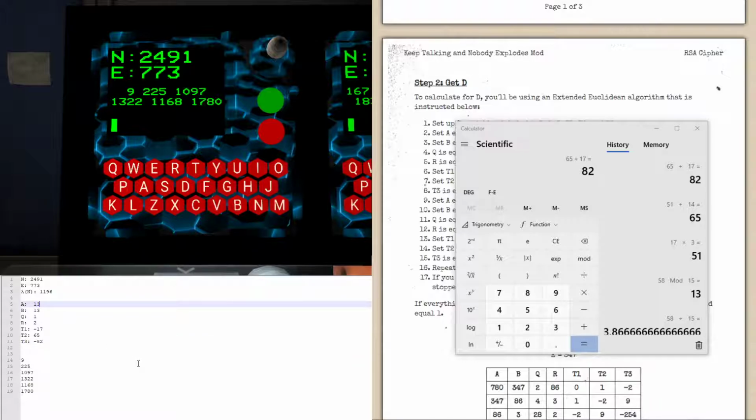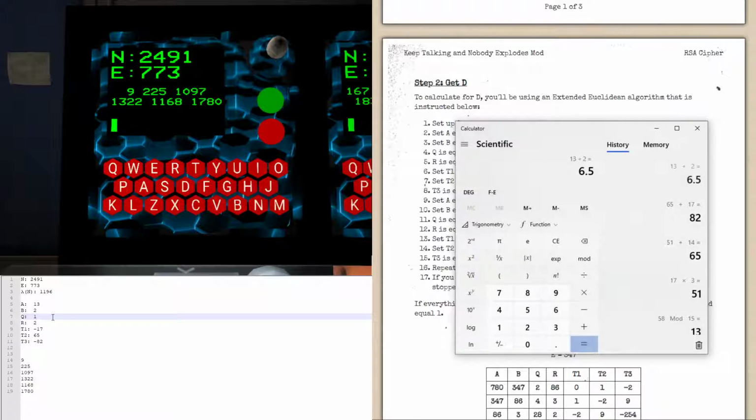So next, this becomes 13. The remainder becomes 2. So the quotient of this, 13 divided by 2, is going to be 6. The remainder is going to be 1, because this is just simple binary, because it's either going to be a 0 or 1 when it comes to 2. So then this becomes 65. This becomes negative 82.